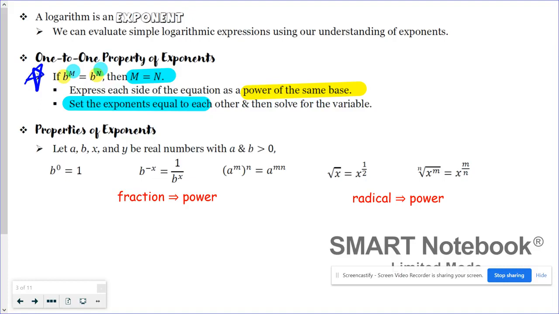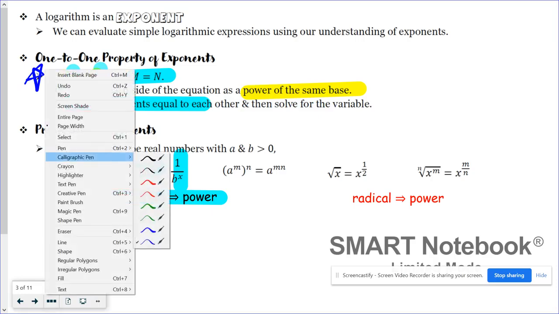And I've identified 2 in red here that are kind of important. Like, how am I going to turn a fraction into an exponential? Okay, so if I have a fraction like 1 over something, I can take that something and turn it into something with a negative exponent.